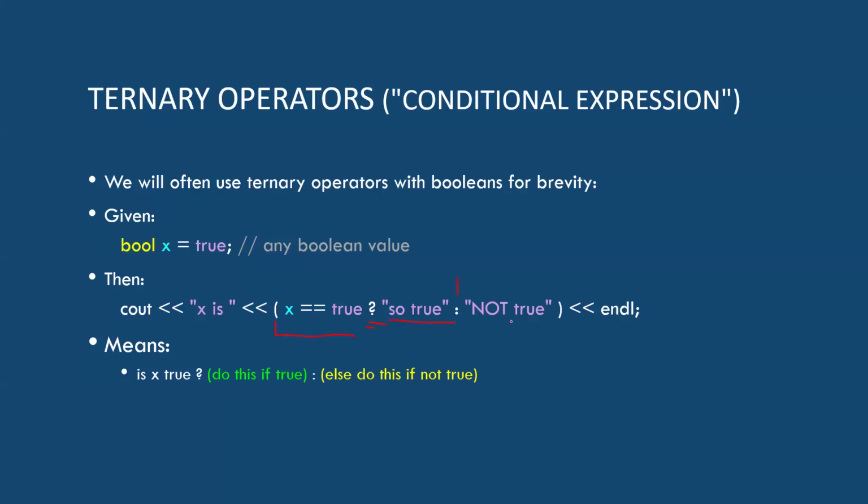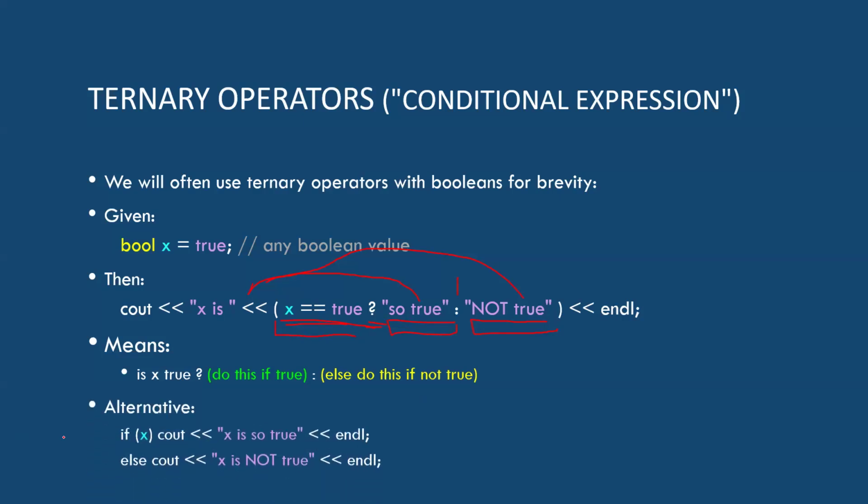Otherwise, colon, do that, okay? So it's like a little mini function where we're either returning this or we're returning this based on this test right here. This is the true part and this is the false part always, okay? So we ask a question and then we return a value, right? That gets you out of a lot of tight spots without having to write all that extra code, okay?